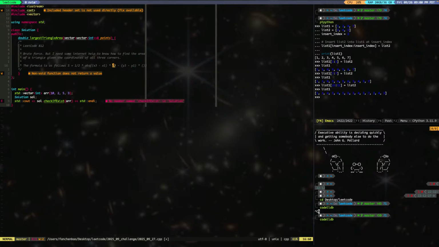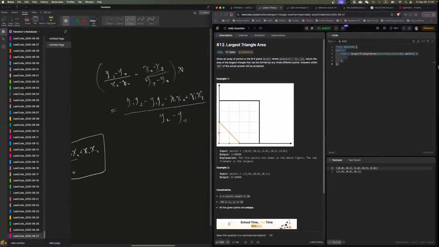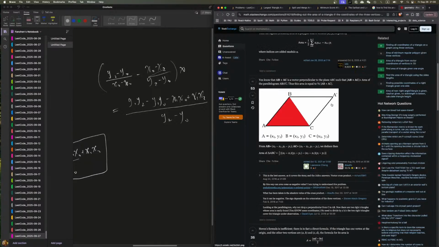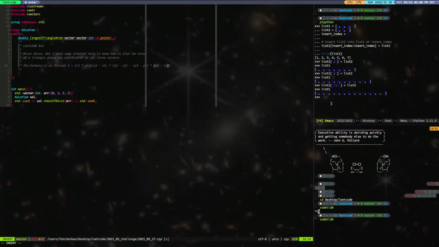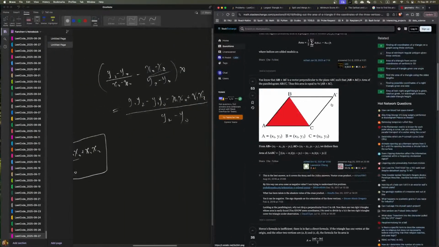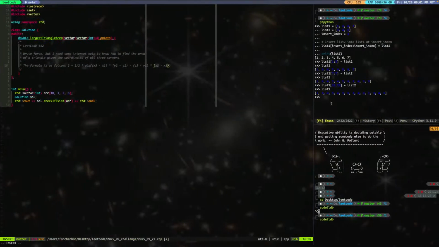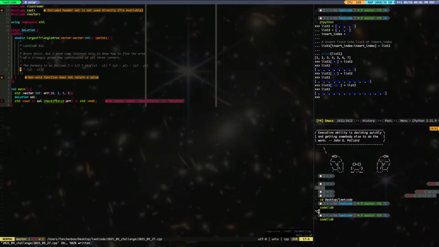And then x2 minus x1, but because it's the cross, it's going to be y2 minus y1, and this is going to be x2 minus x1. Let me see if it's correct. x2 minus x1, y3 minus y1, x3 minus x1, y2 minus y1. Okay, alright, so that's all we need.